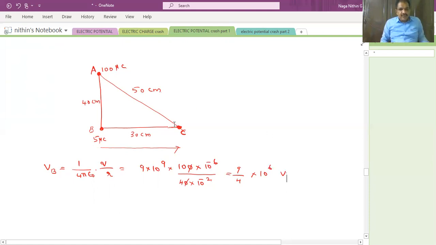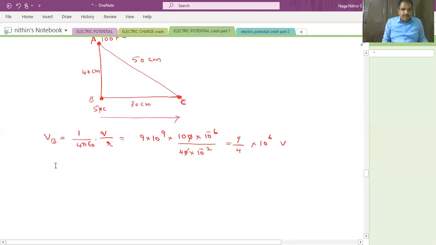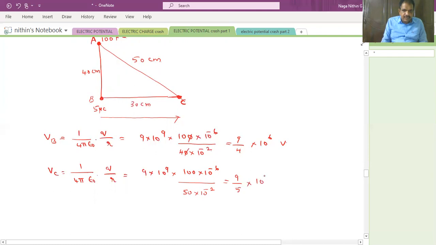And because of A, how much potential is there at C? We are moving this charge, so no need to consider the 5 microcoulombs. Vc is equal to 1 by 4 pi epsilon naught Q by R, 9 into 10 power 9, 100 into 10 power minus 6 by 50 centimeter distance. So this value is 9 by 5 into 10 power 6 volt.